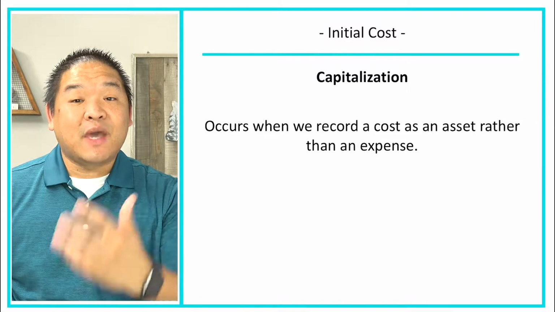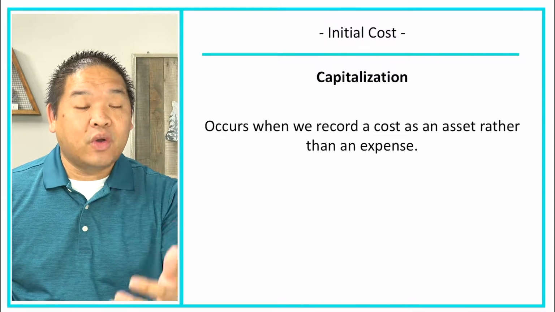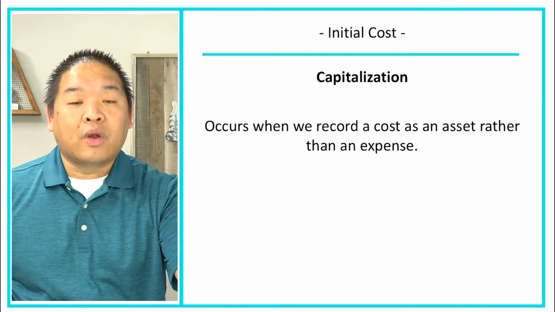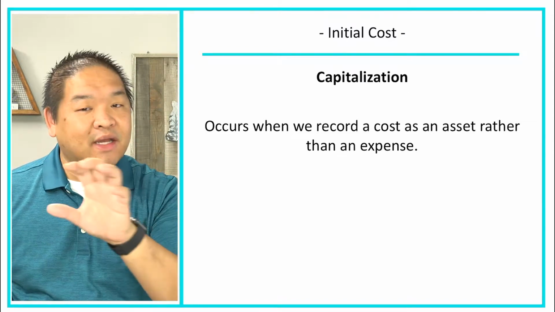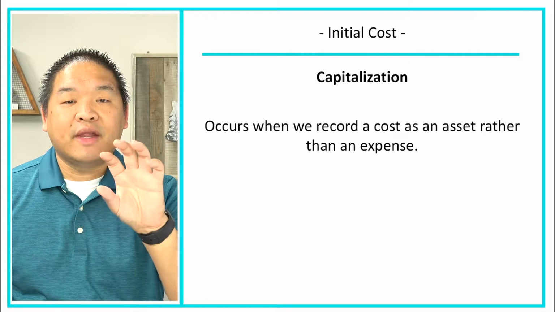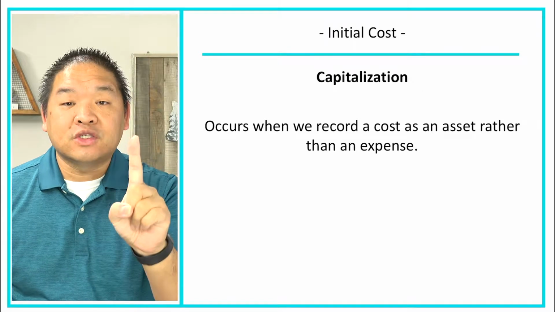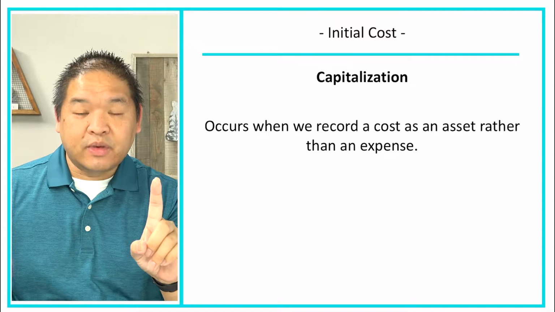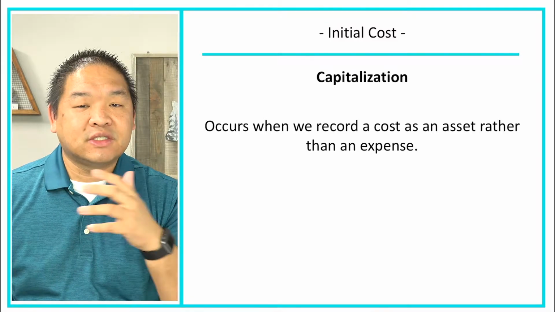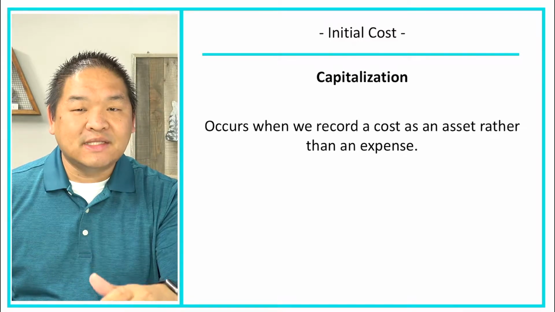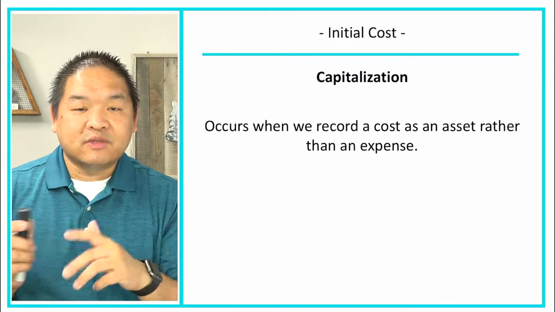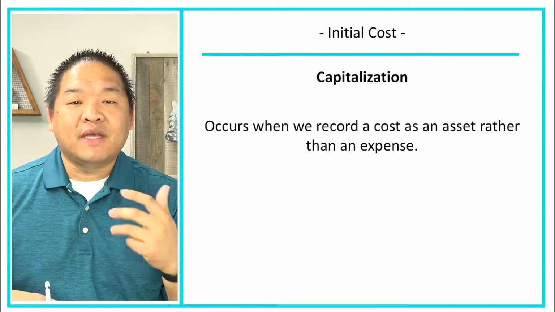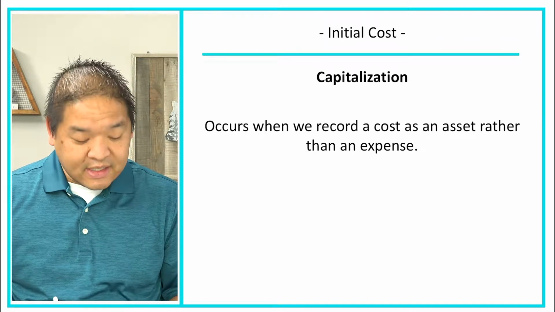So instead of expensing them, so we buy a piece of equipment and expensing it, we're going to capitalize it, which means we're going to take the cost of that asset, and instead of putting it in the expense column, we're going to put it in the asset column first, and then over time we will expense it. So capitalization means that instead of expensing it, we're just going to move it to the asset column, and then we'll expense it in a timely manner based on rules that we're going to teach you in this section.